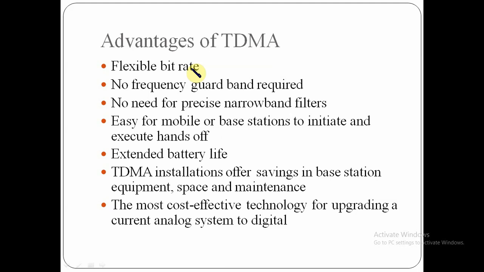Flexible bit rates, no need for precise narrowband, no frequency guard band, easy for mobile and base stations to initiate and execute a handoff, and extended battery life. It provides users with extended battery life since it transmits only a portion of the time during a conversation. TDMA is the most cost-effective technology to convert an analog system to digital. It is a very good advantage for TDMA.